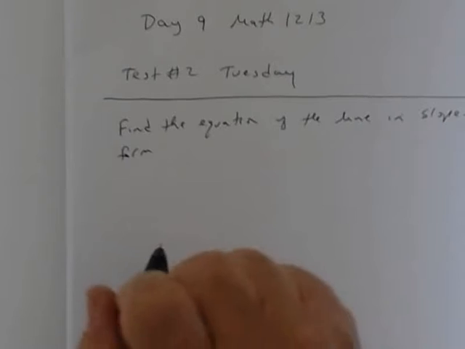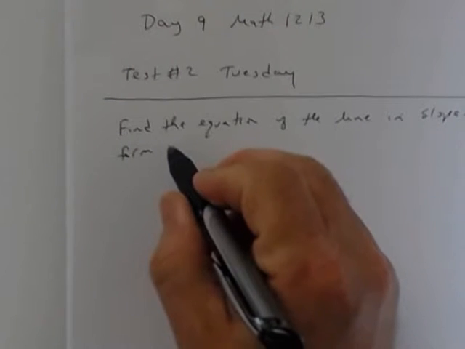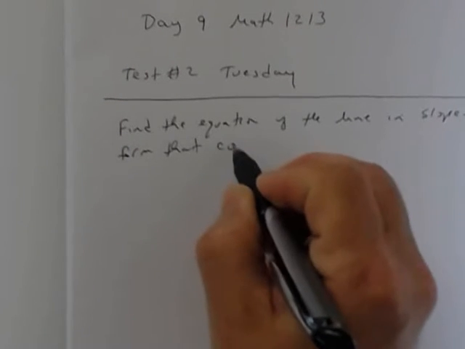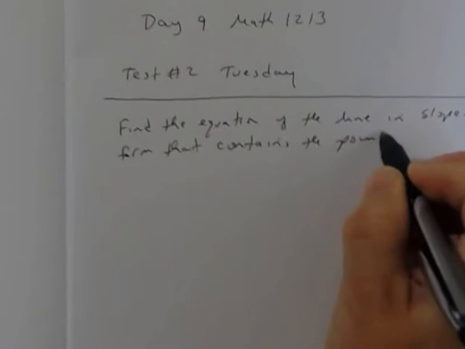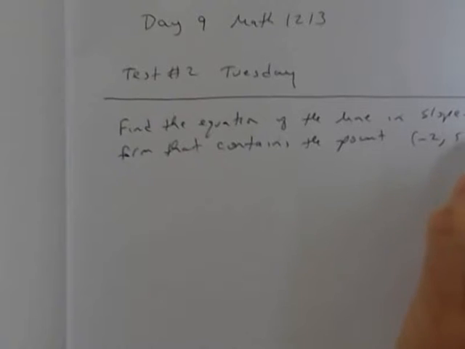So find the equation of the line in slope-intercept form that contains the points (-2, 5) and (4, -2).